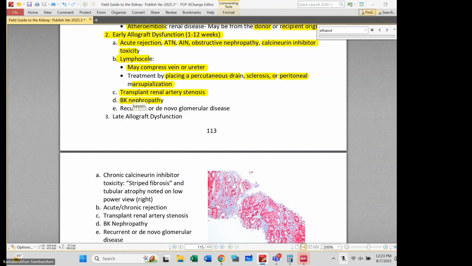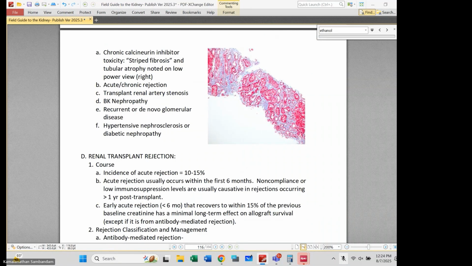BK can occur during these periods. We're going to talk about opportunistic infections in greater detail later, including BK nephropathy. And then you can also have these recurrent GNs or even de novo GNs. So recurrent FSGS would be an example of early allograft dysfunction that can occur. Let's then go to late allograft dysfunction, and then we're going to segue over to rejection.